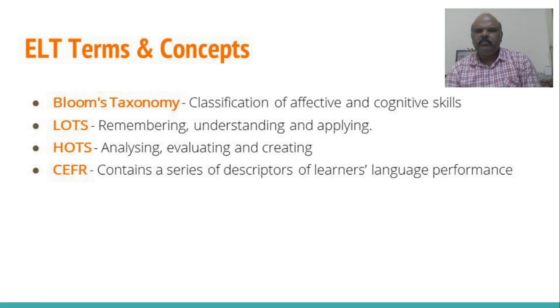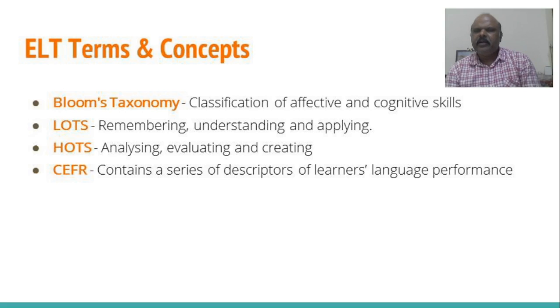For example, Bloom's taxonomy identifies cognitive skills and divides them into two categories as follows: higher order thinking skills, namely creating, evaluating, analyzing; and lower order thinking skills, namely applying, understanding, and remembering.